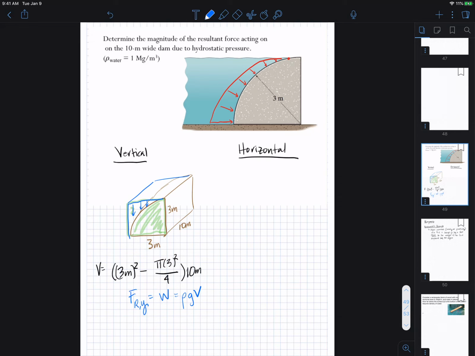Now on the horizontal side, we'll just draw this in 2D, it is the vertical pressure gradient. It's the same as thinking of this again. We start at 0 because the water goes all the way to the top, and the pressure here is equal to rho g times the depth, 3 meters.